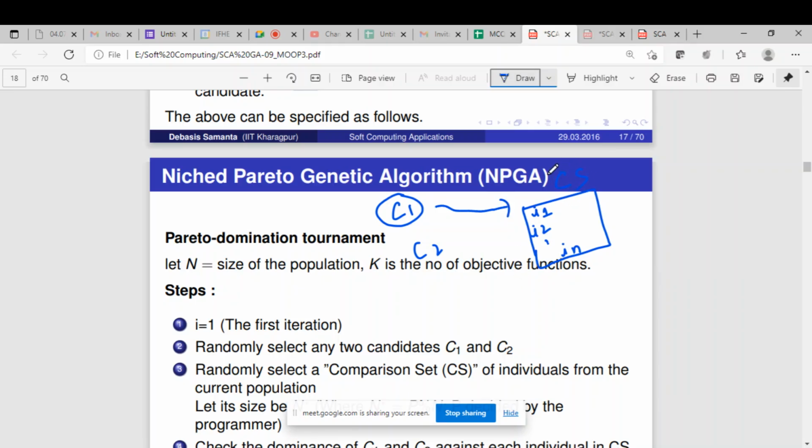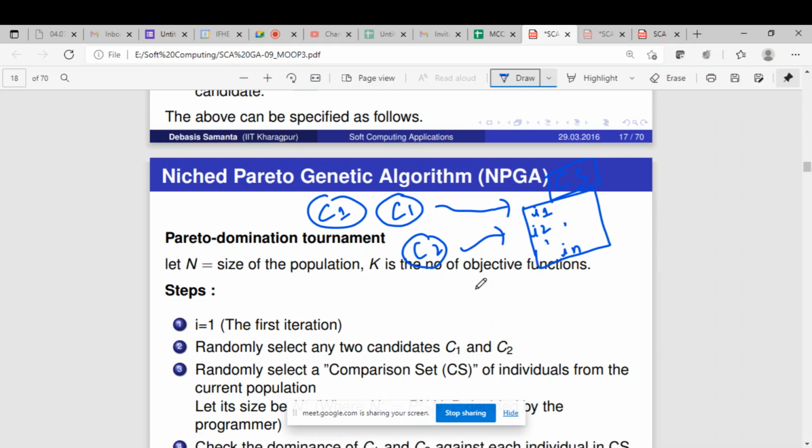We call this CS, comparison set. You check whether C1 is dominating everybody in this set or not. If C1 is dominating everybody in this set, then that is fine. Then take C1, and check whether C2 is also dominating everybody in this set or not. For example, if C1 is dominating everybody in this set and C2 is not, C2 is dominating somebody and not dominating somebody else, but C1 is dominating everybody, then we say that C1 is winner.